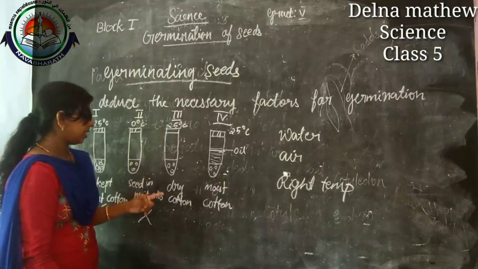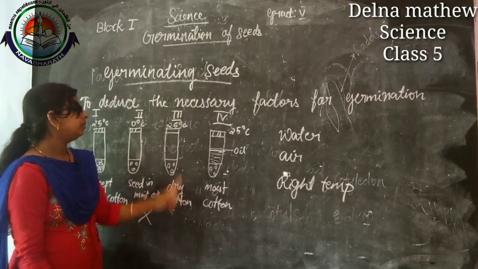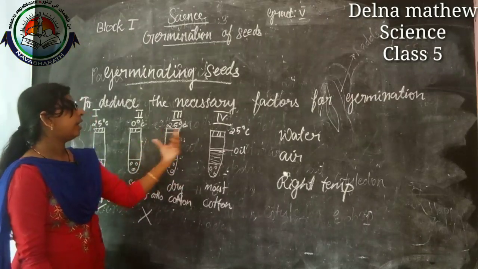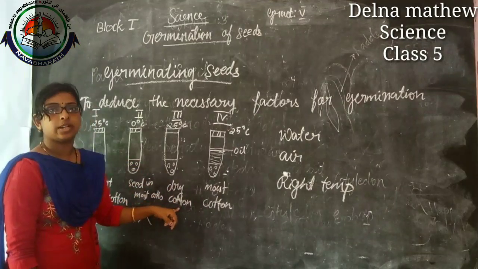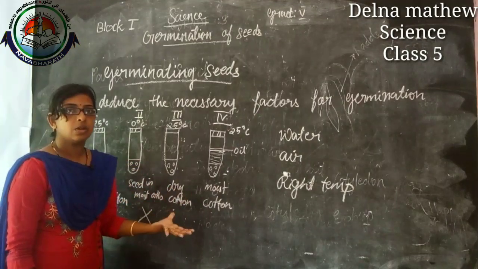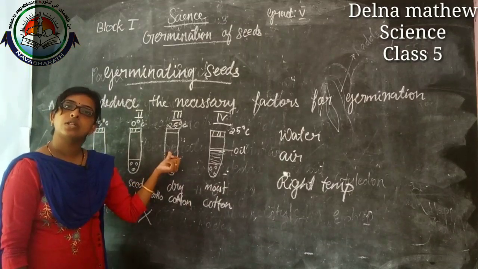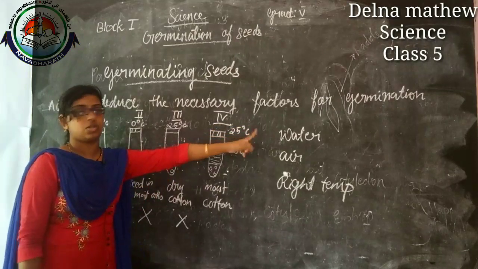Then the third case, here we kept the seed in dry cotton. It has air and the temperature is also there, right, but it is dry cotton, which means absence of water. So can the seed germinate or not? No, because of the absence of water.